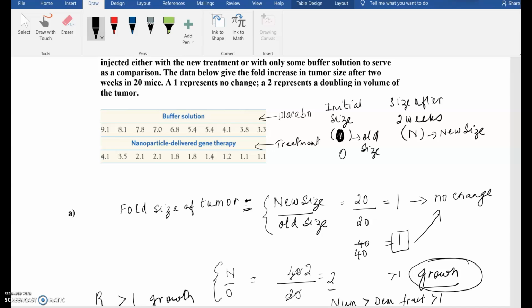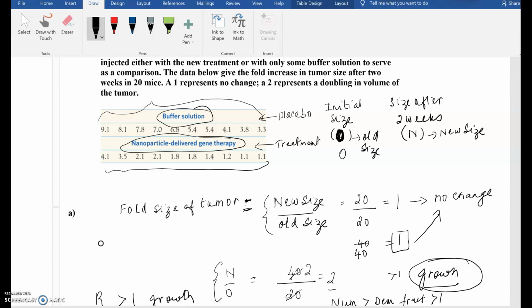Now let's look at these numbers. Let's compare the two sets. So this first set is a placebo. The second one is the actual treatment. If you look at the numbers, the numbers in the actual treatment are lower than the numbers in the placebo group, which means that the treatment at a minimum has controlled the growth of the tumor.